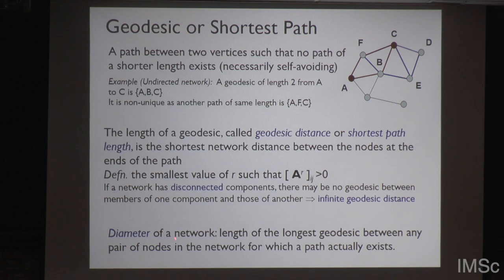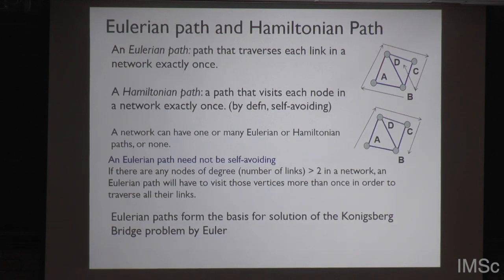A related concept is the diameter. This basically says what is the maximum geodesic that exists for a given network. Consider the shortest paths between every pair of nodes. The maximum value of this quantity would tell you the longest path that you will ever have to traverse over the entire network, and this tells you the diameter of the network.